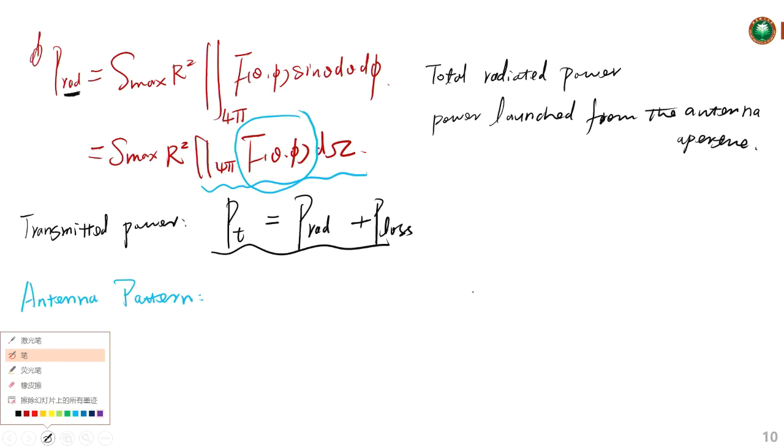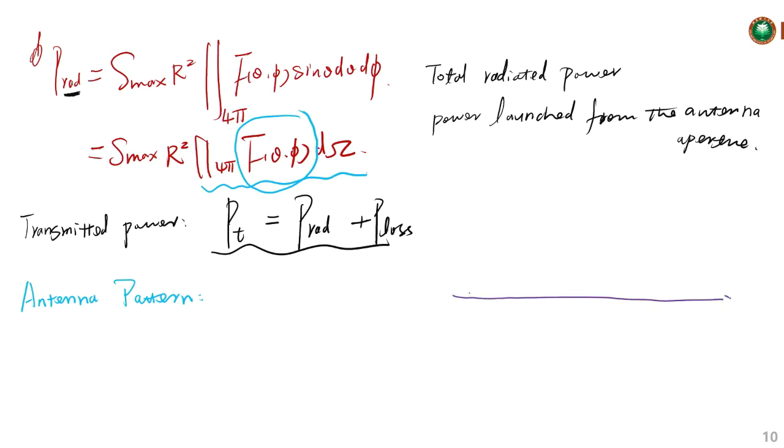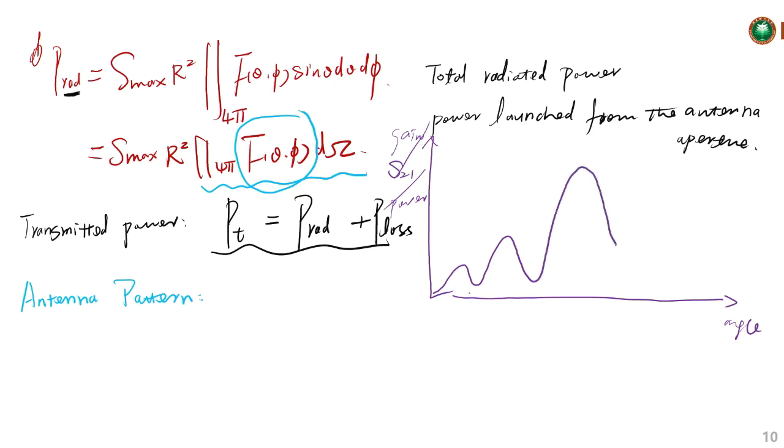For example, here it is usually expressed as angle, and here maybe it's the gain, or the S21 as a parameter, or power. Anyway, it looks like this one, right?